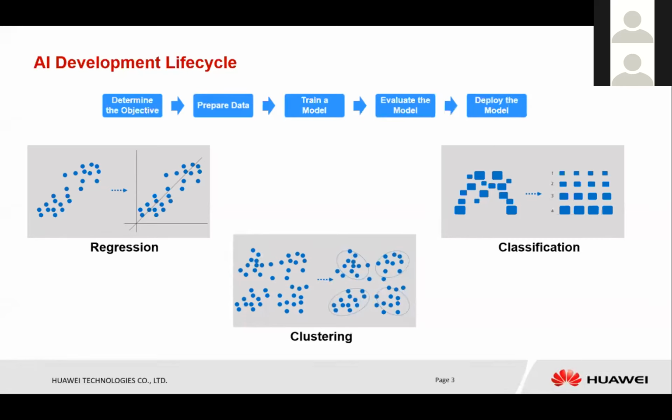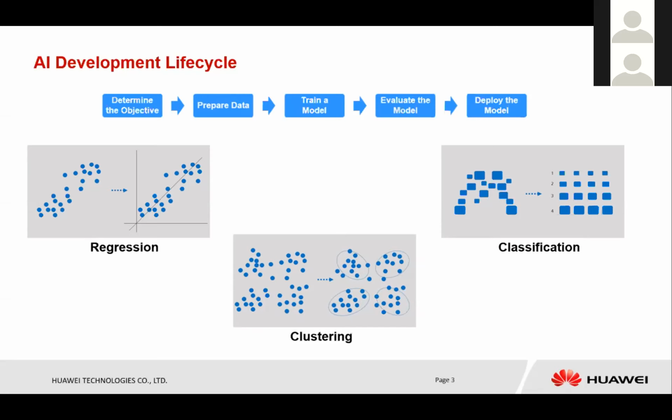And then after you have the data, you'll start to train the model. Modeling involves analyzing the prepared data to find things like internal relationships and regular patterns.